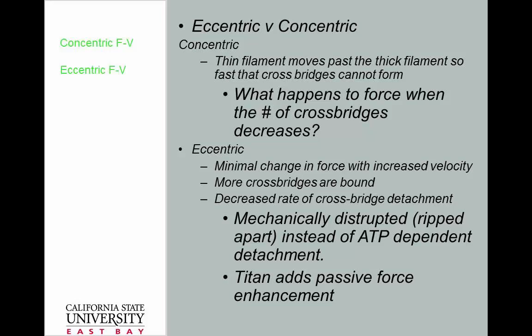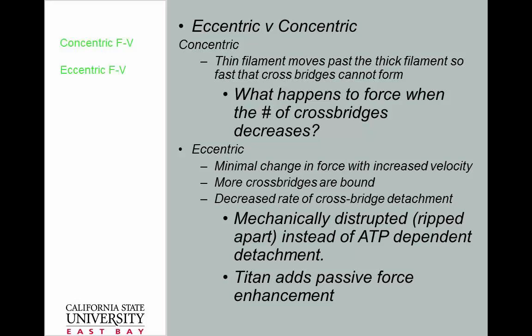So now we've seen a difference between eccentric and concentric for EMG activation, right? Eccentric is more efficient, needs less muscle activation than a concentric contraction. And in the previous slide, we saw a completely different force-velocity relationship between the two. And why is that?